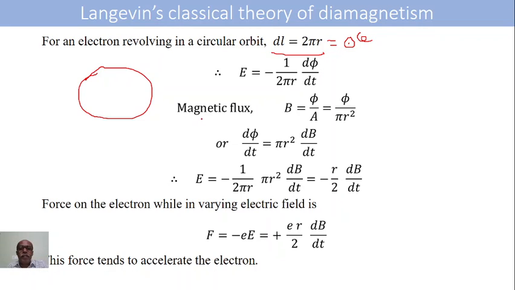And the magnetic induction B equals flux per unit area, phi by A, that is phi by pi r square. We know that A is equal to pi r square.